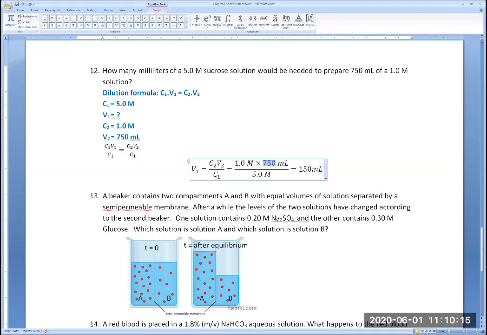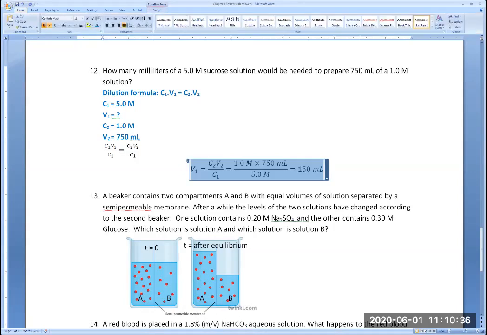Still 2, right? Because there is no decimal point. So it's all 2 sig figs. So then 150. Here we have the 1, we have the 5, it's 2 sig figs. And we don't show the dot because it's 2 sig figs like that. So that would be the volume of stock solution or concentrated solution that you would take.